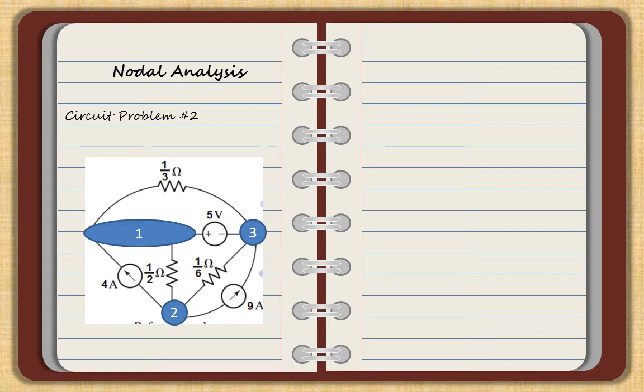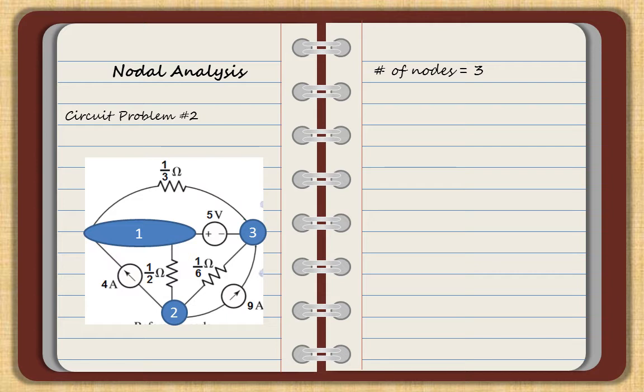On node 3, we also have four components, namely the 1/3 and 1/6 resistors, the 5 volt voltage source and the 9 amp current source. So we have 3 nodes on this circuit.